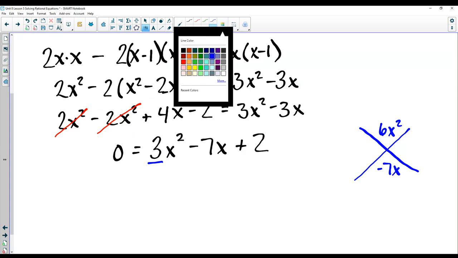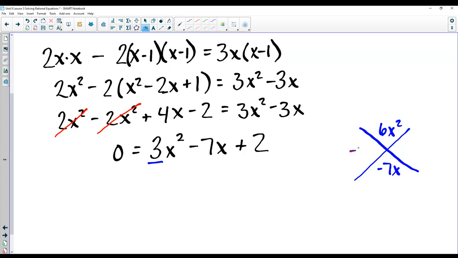Hopefully you recognize that we will have a -6x and then -x that will get us that. So now we're going to work on splitting and grouping to factor this.